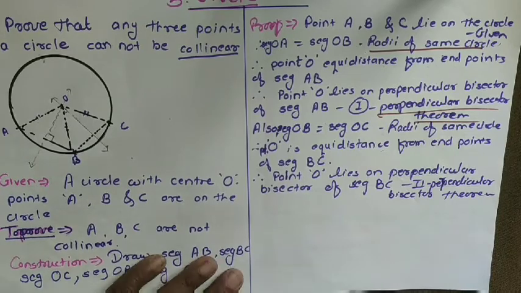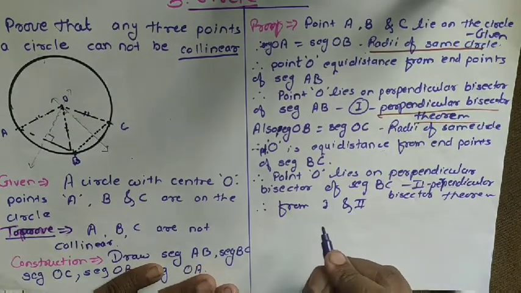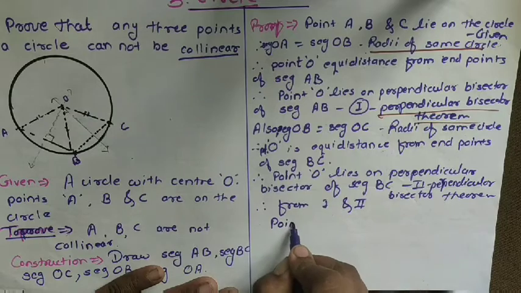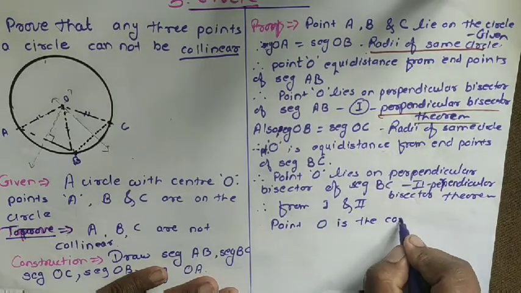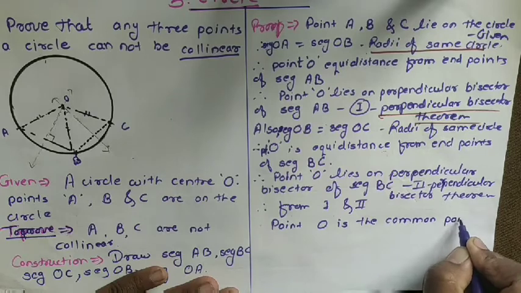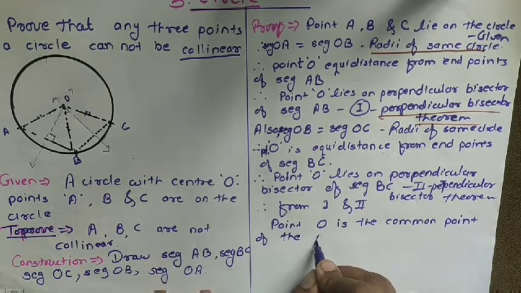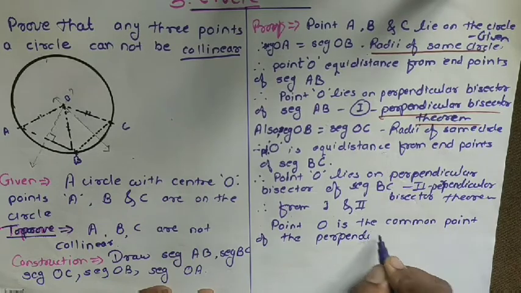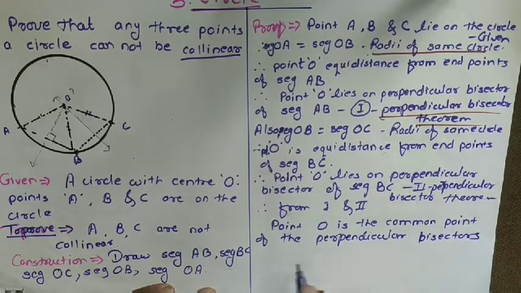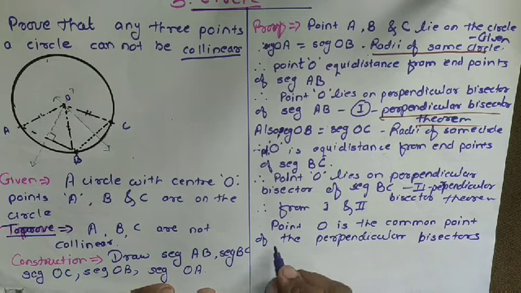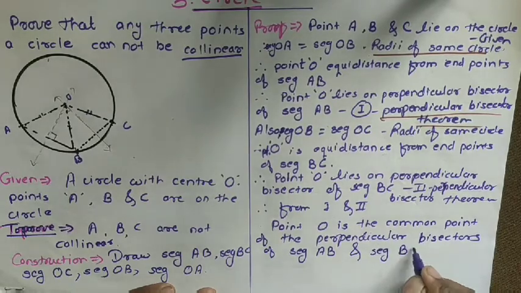So from 1 and 2, point O is the common point of the perpendicular bisectors of seg AB and seg BC.